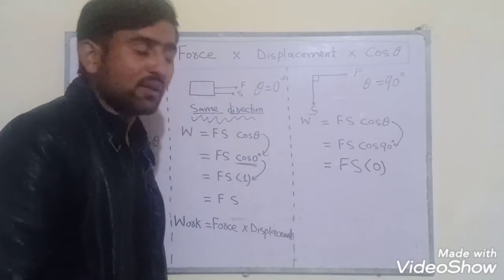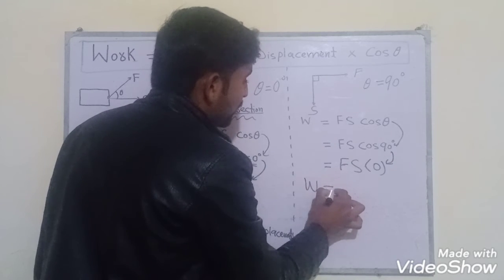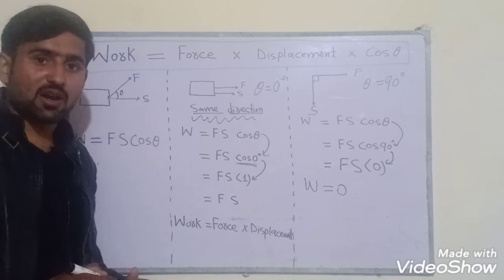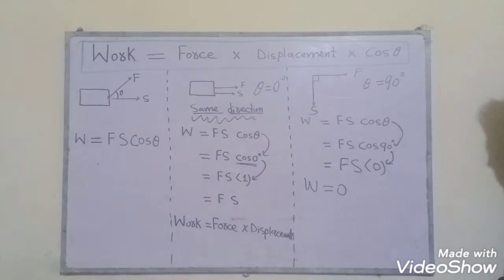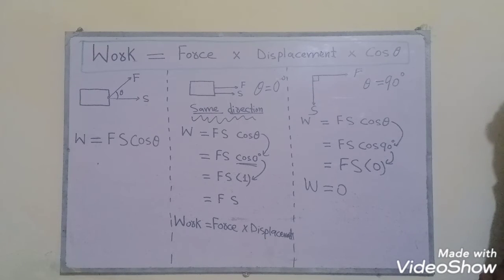Cos 90 has value 0, and hence work is equal to 0. When force and displacement are perpendicular to each other, then work done is equal to 0, because cos 90 is equal to 0.